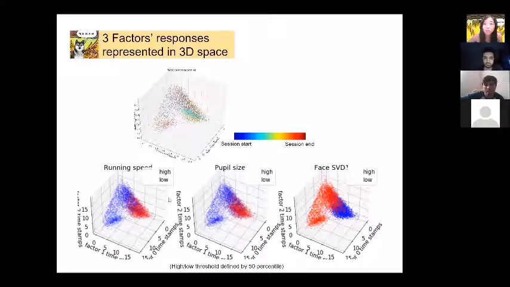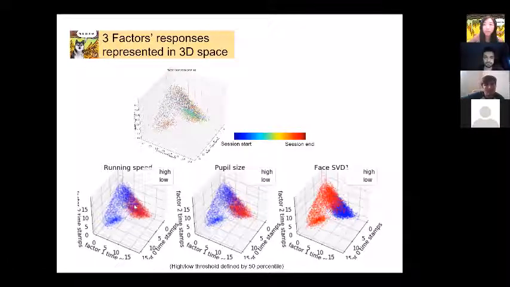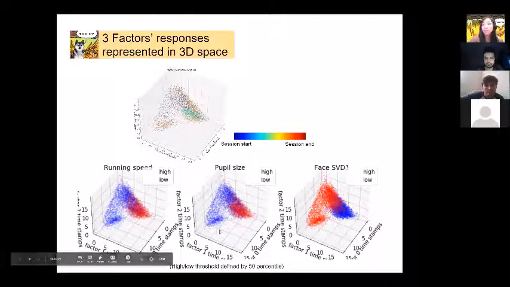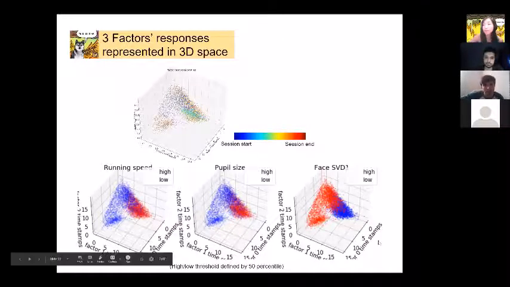The high and low threshold is defined by the 50th percentile of the running speed distribution. You can see, just based on the behavior data, the neuron response is pretty clustered and well separated in this 3D space. It's the same for pupil size and also the first principal component for face movement. I think it's pretty interesting because we used a completely unsupervised matrix decomposition method and represented the response of these 10,000 neurons in this 3D space, and also found that the corresponding different behavior states can be separated in this space.